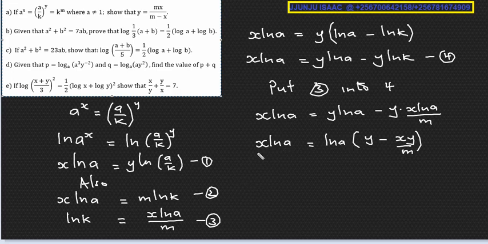So then ln a cancels, so we shall be having x equal to y minus xy over m. So it's just a matter of making y the subject now, and then we rearrange and see if we get what is required. So x will be equal to y, and when factorized out y, you get 1 minus x over m.